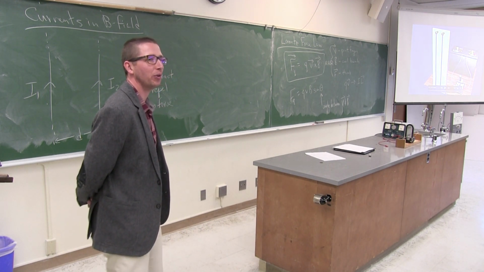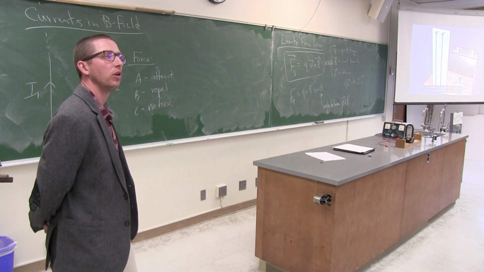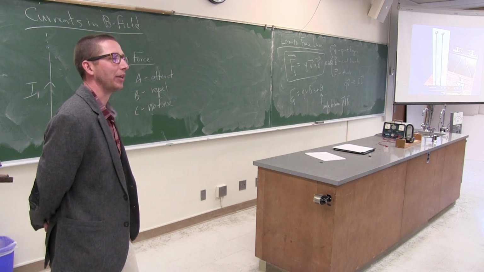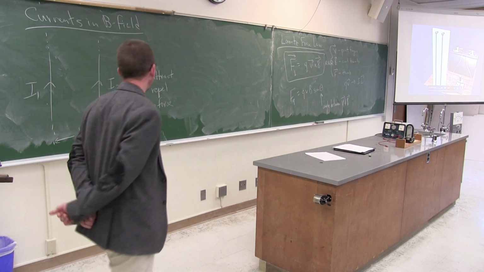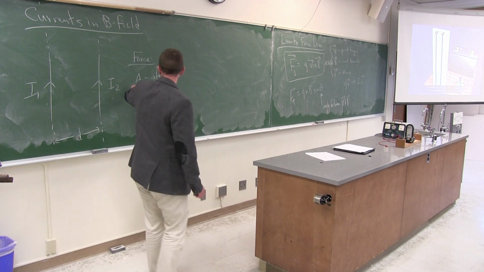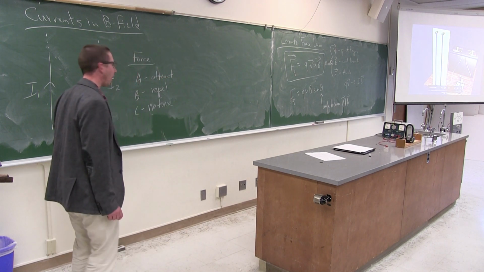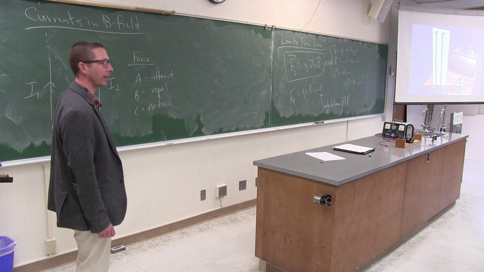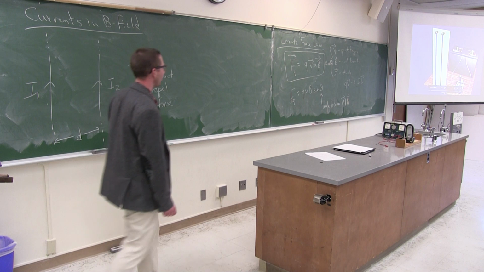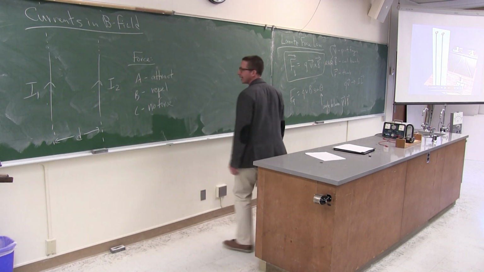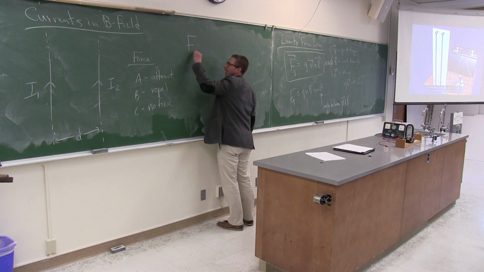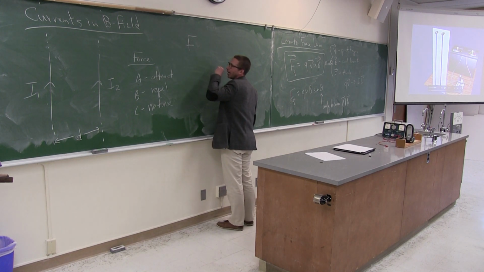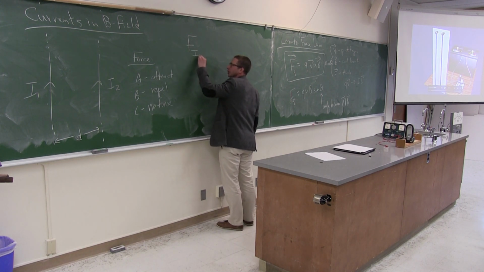3, 2, 1. All right, we're kind of split between attract and no force. Attract is correct. They do attract each other. Now, why do they attract each other? Well, let's just apply the Lorentz Force Law, and let's calculate the force on wire number 2.